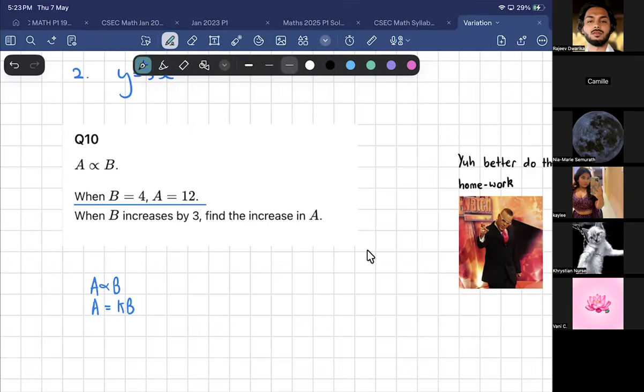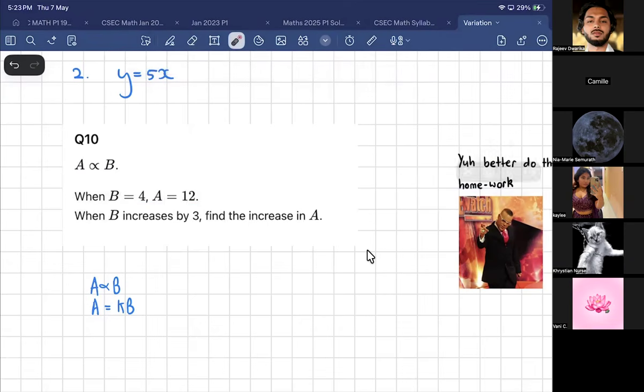You see this constant of proportionality here? What it does is that it links a to b, and you're probably confused by that. So to find k, we need to look at an example they would have given us.